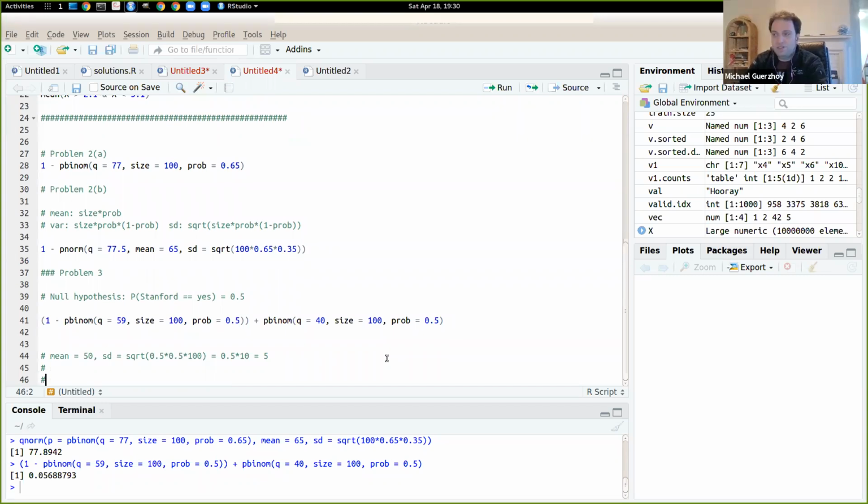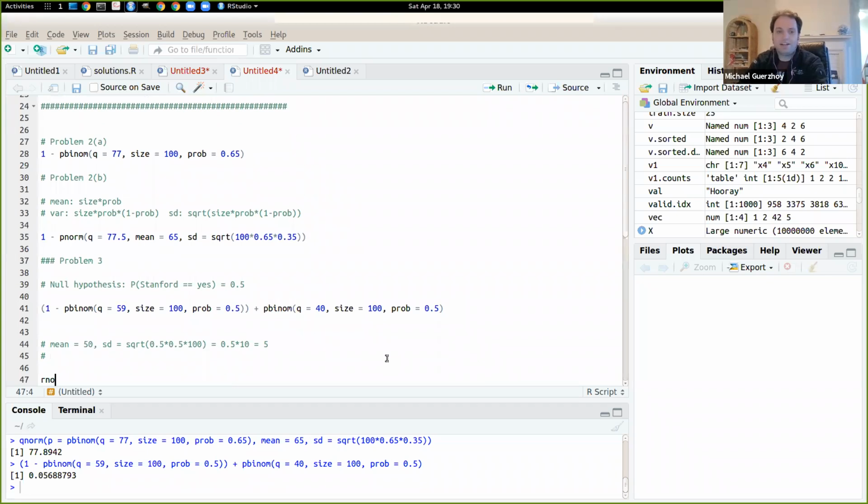How do we generate numbers between 0 and 100 that are representative of approximately the number of yeses? We'll use the trick from before where we'll say r-norm, and here we have 100 responses, with mean equal to 0 and SD equal to 1.